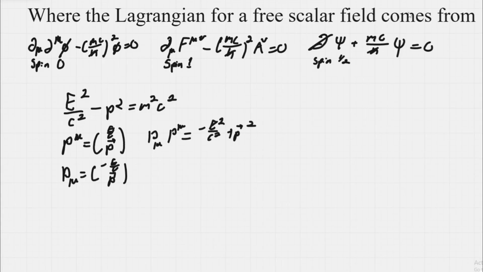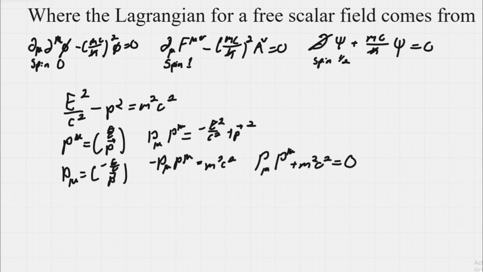And if we rearrange some things, we get negative this invariant equals m squared c squared. If we move it over, we get that this invariant plus m squared c squared is going to be 0.